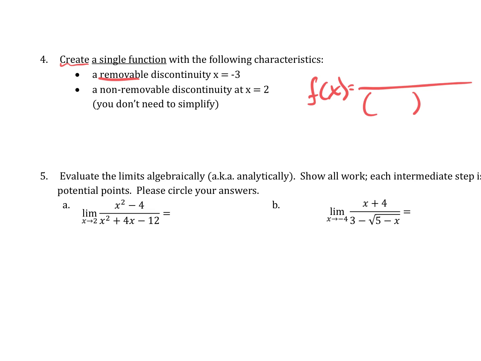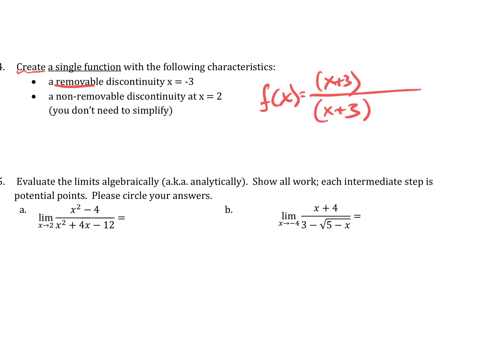So if x equals -3 is a removable problem, then that means x plus 3 has to be in the top and the bottom, right? If there's a non-removable discontinuity at x equals 2, that means there's a factor down here, x minus 2. So you can see that this is a quadratic on the bottom and a linear function on top.